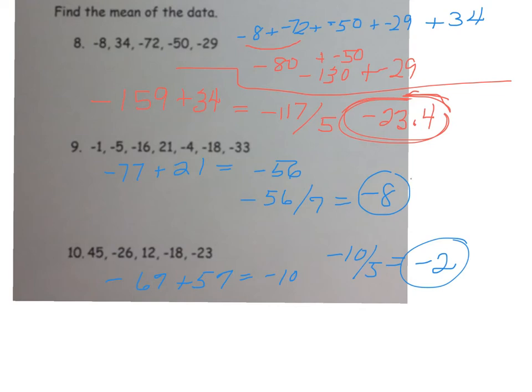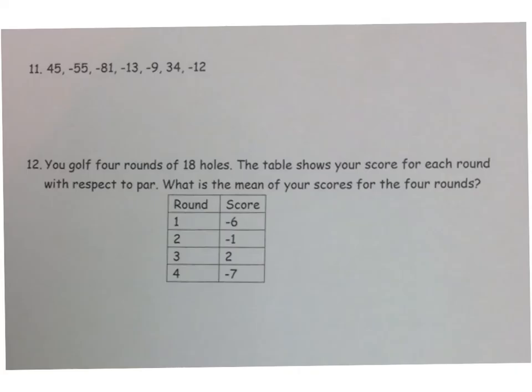Check that you got negative 8 for number 9, and that you got negative 2 for number 10. Decide if those answers make sense. Best I can tell, they do. If you have any questions, ask me tomorrow in class. There's one more there, number 11. We're going to go right by that right now, but I want you to do that and show me tomorrow when you show me your notes.